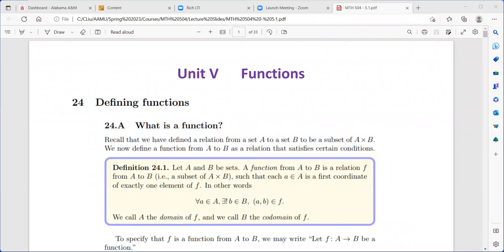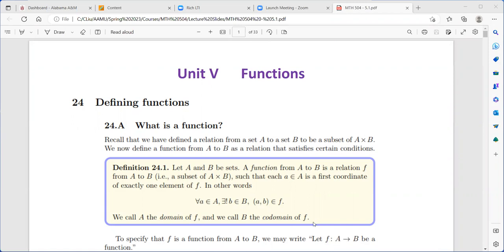Well, sometimes we write in another notation, like: let f colon A arrow B be a function.